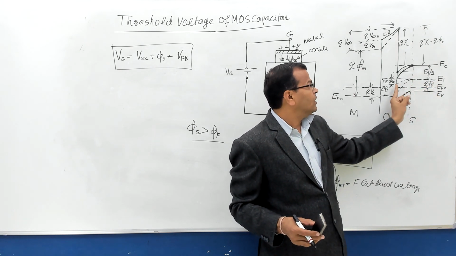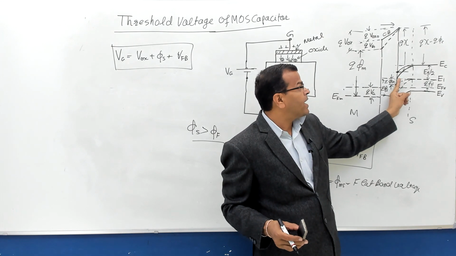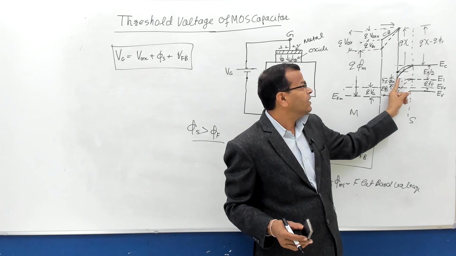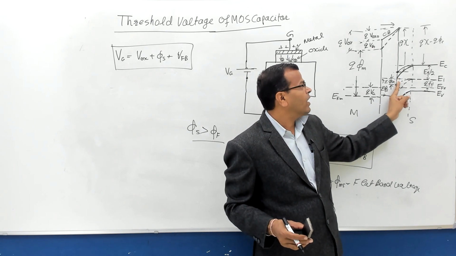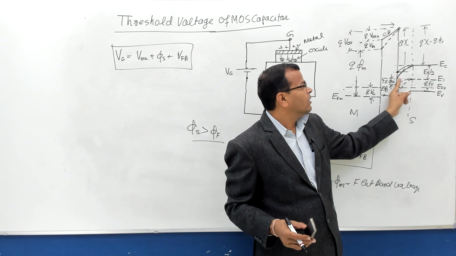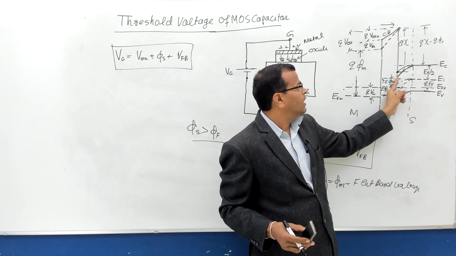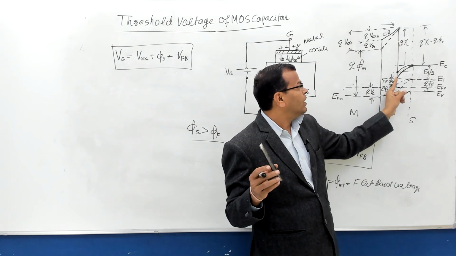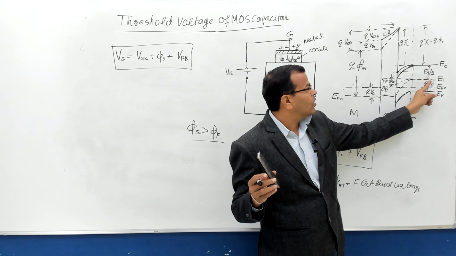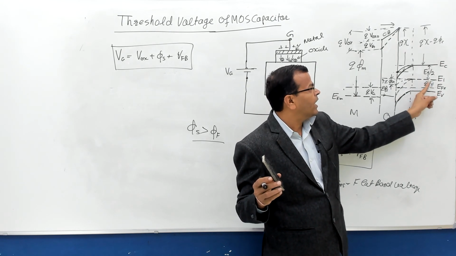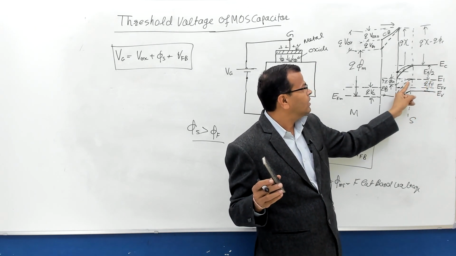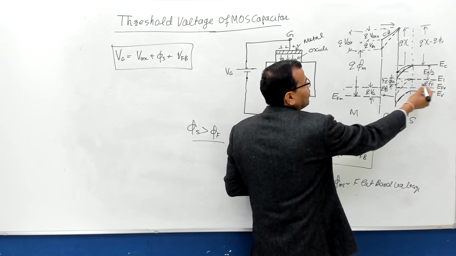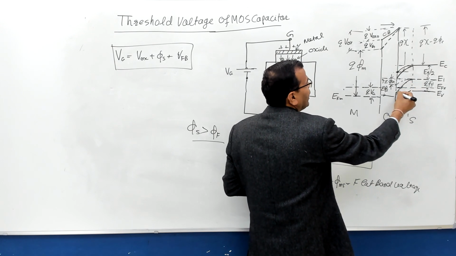So this surface potential is nothing but the bending of the intrinsic level at the surface, or you can say the potential difference between the steady state Fermi level, which was this, and the actual Fermi level at the surface, that is known as surface potential. So when surface potential becomes more than the potential difference between EI and EFS, this intrinsic level at the boundary falls below the actual Fermi level.